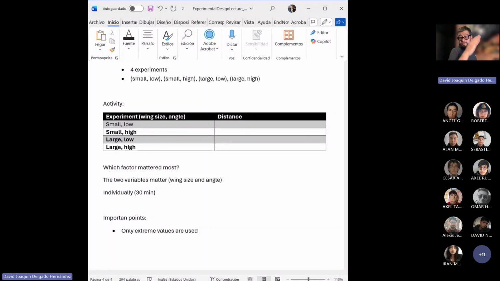So you have small and large, or low and high. Okay, so we are using the extreme values.